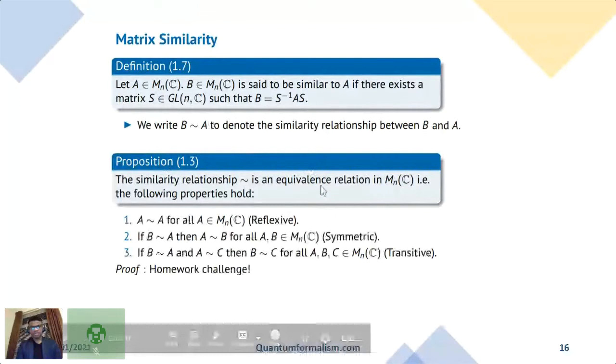So this is the concept of similarity of two matrices. Let A be an n by n matrix.